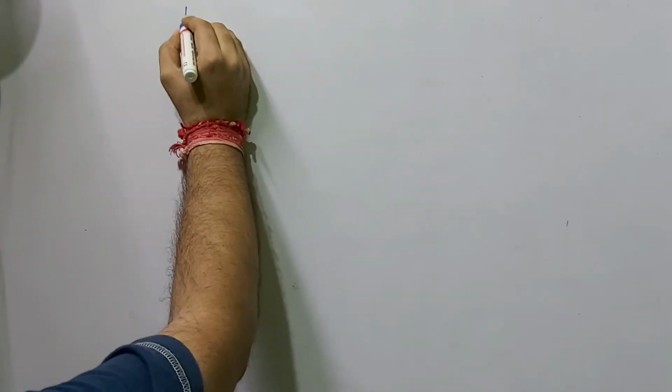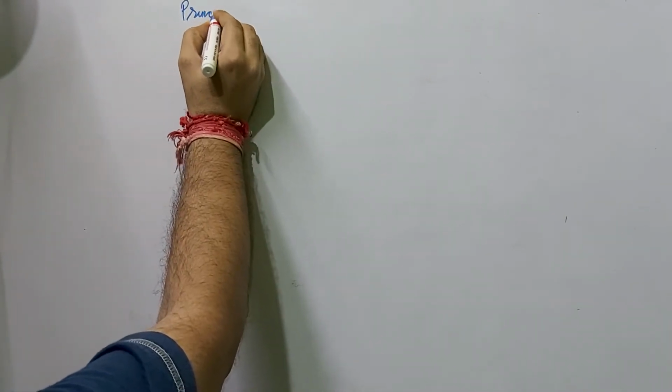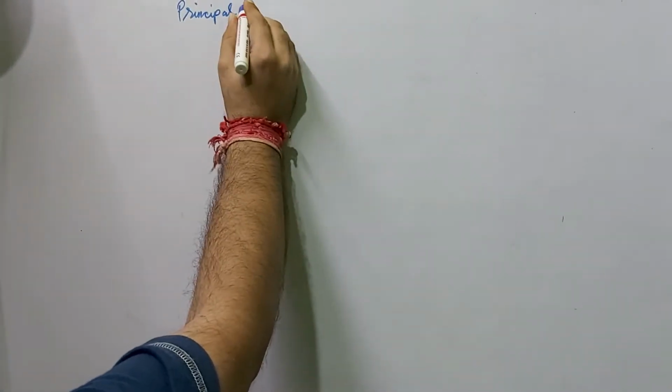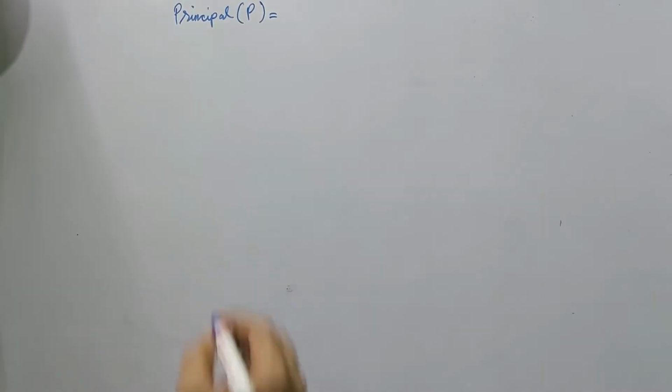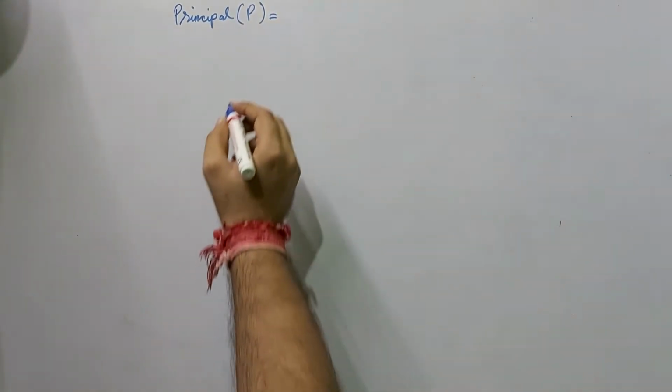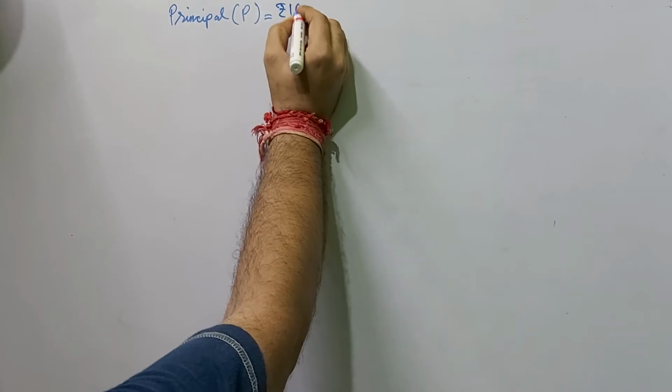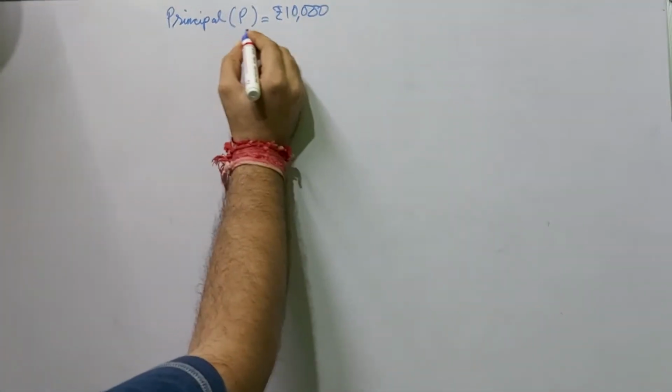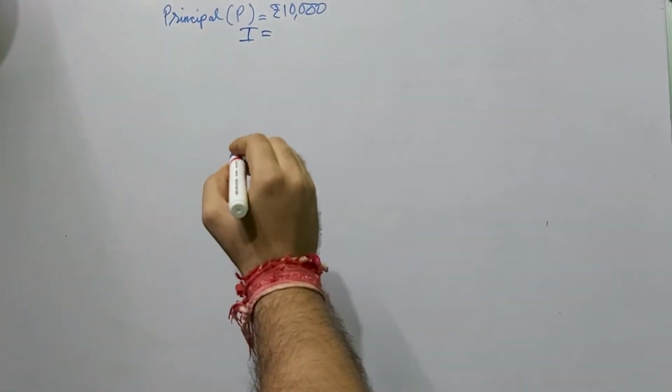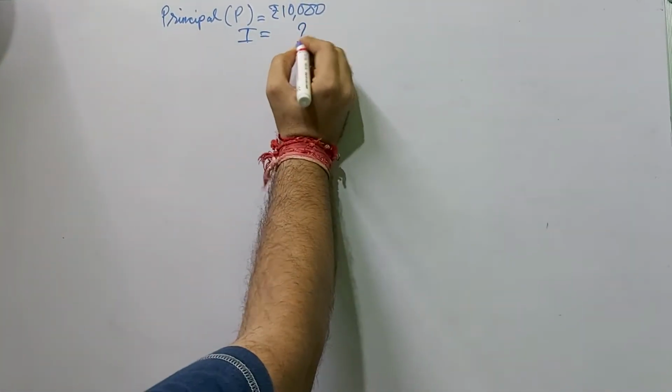SI means simple interest. So we will start from the same, which is principal, or P, is given as rupees 10,000. Interest I is given, you have to calculate it.